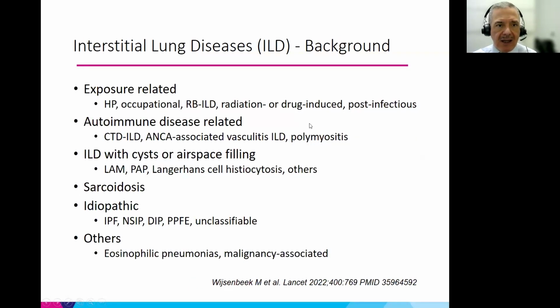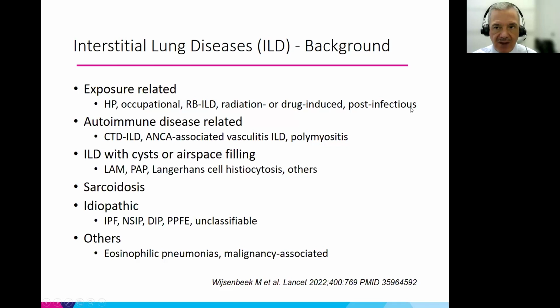So, anyways, in trying to classify these diseases, I'd say there are like 200 of them. There are many classifications, but I thought that at the very least you should think of about 5 major groups. Those that are exposure related, for example, hypersensitivity pneumonitis, occupational lung diseases, respiratory bronchiolitis ILD, the one that I showed you before in smokers, radiation or drug induced, and post-infectious.